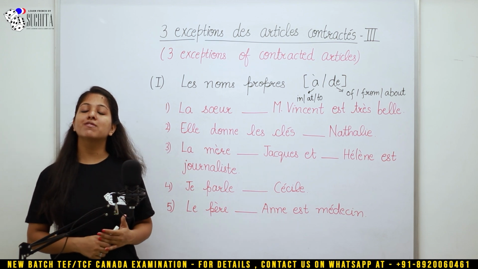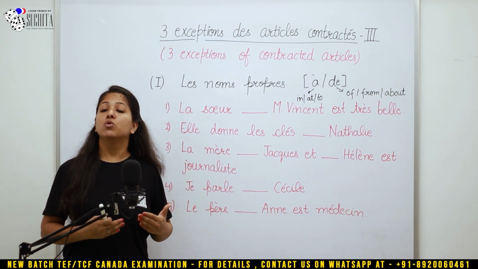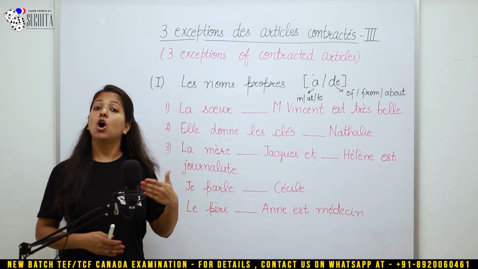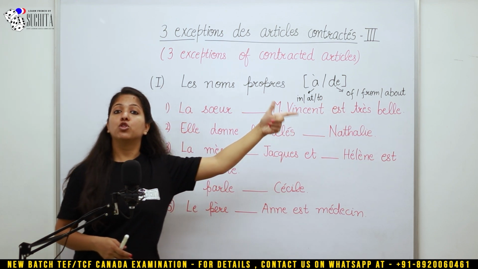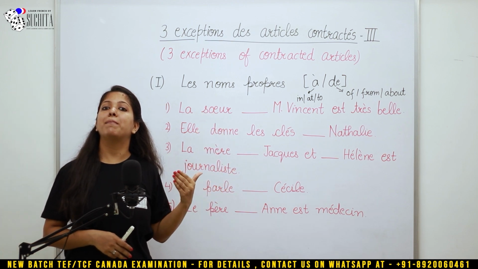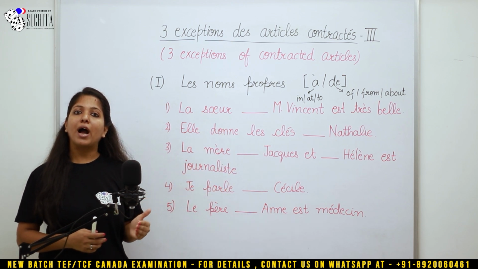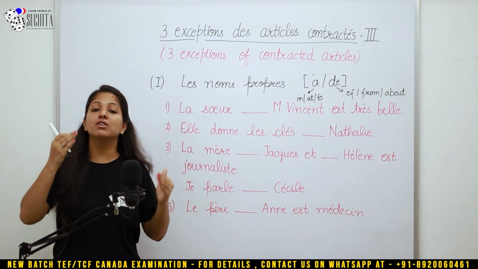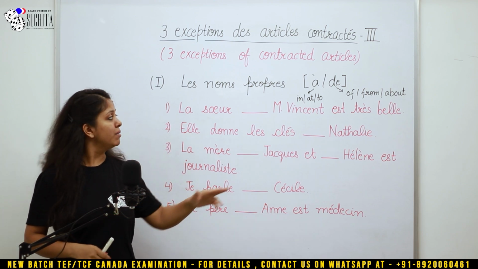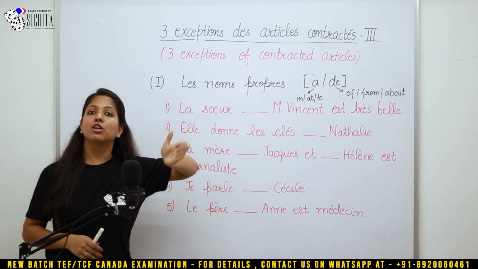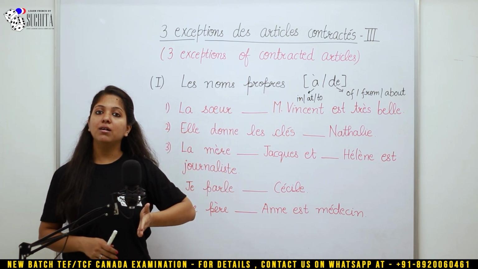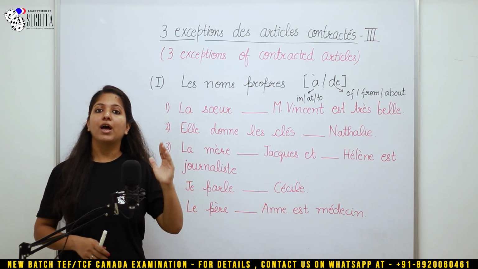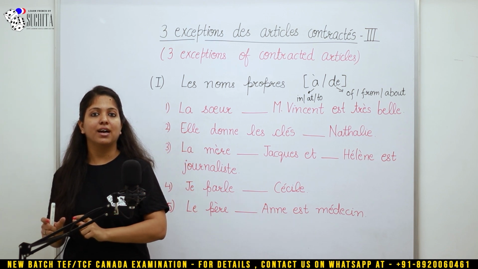So if you want to say in the, at the or to the, or if you want to say of the, from the or about the, what do you do? You add the definite articles into the prepositions à or de. So à plus le, à plus la, à plus les, and à plus l'. And what you get are the contracted articles.